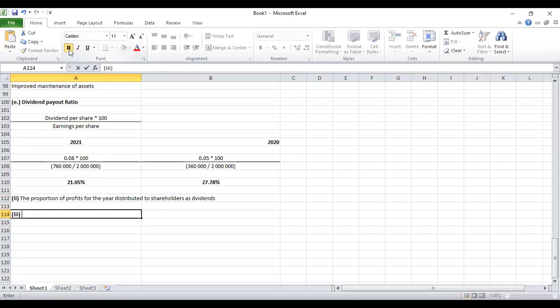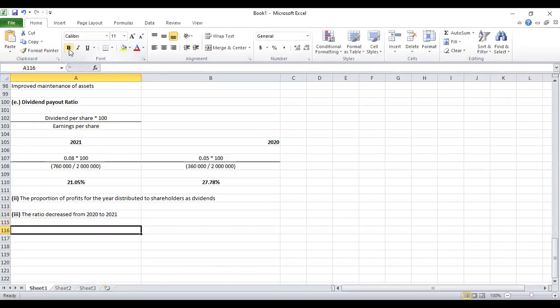Then we know that our ratio decreased from 2020 to 2021. Possible reasons: the need to retain more profits for future expansion.